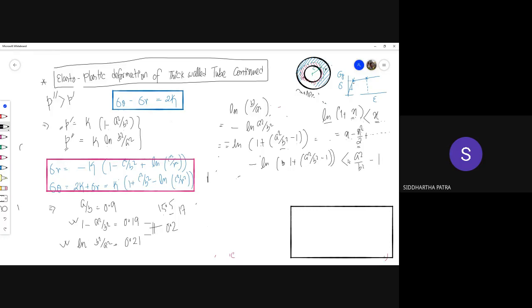And now if I put a negative sign on either side, this quantity is actually greater than this quantity, which is 1 minus a squared divided by b squared, which goes to show that this quantity ln of b squared by a squared is actually greater than 1 minus a squared by b squared. Okay, it just so happens if this quantity is very close to 1, or rather this quantity is very close to 0, the difference between the two sides is actually really small.